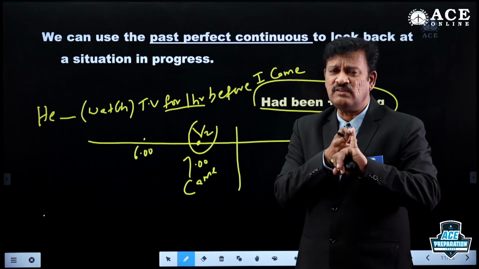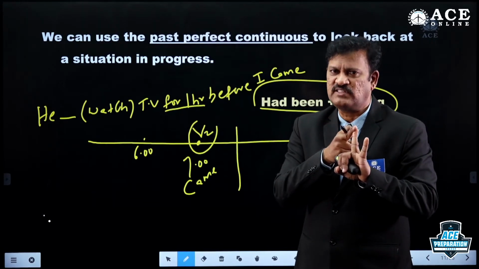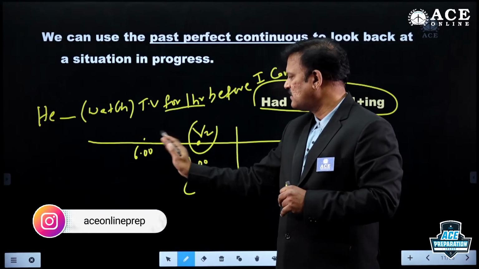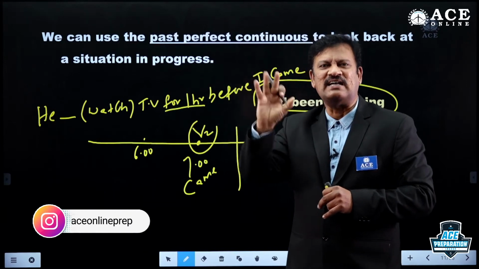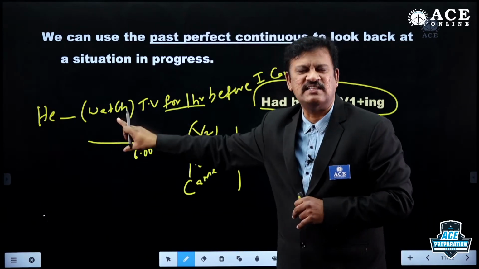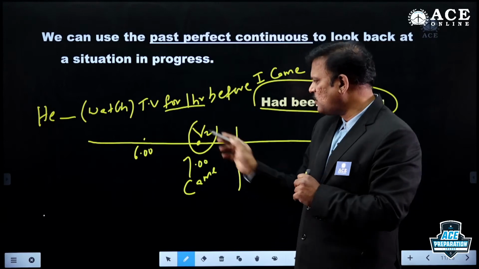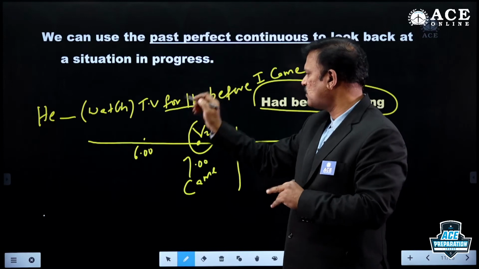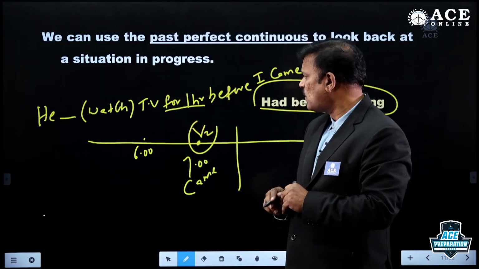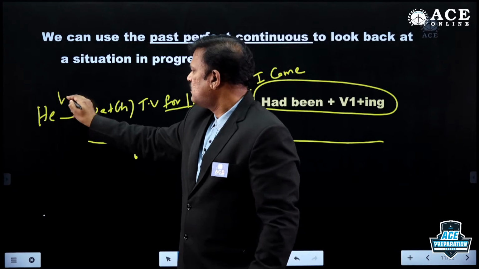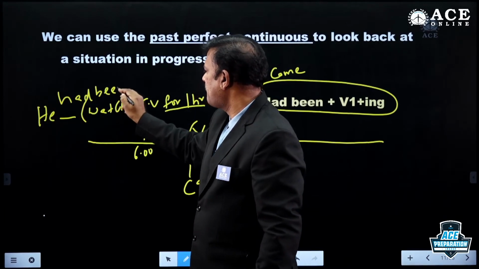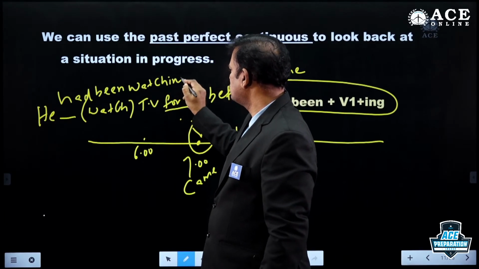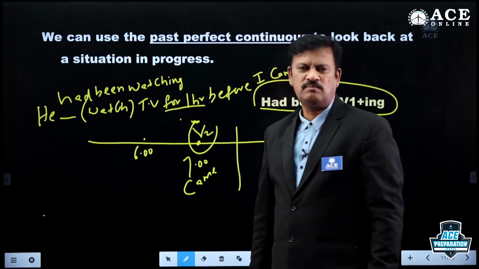Has been, V1 plus ing form. Have been, V1 plus ing form. Had been, V1 plus ing form. And I know this is past. Left side of past, had. This is a reserved forest kind. This is reserved for had plus V3. The moment you see the action is indicated here, had plus V3 or had been plus V1 plus ing form, depends. Because I have for 1 hour, obviously, had watching. This is called past perfect continuous.